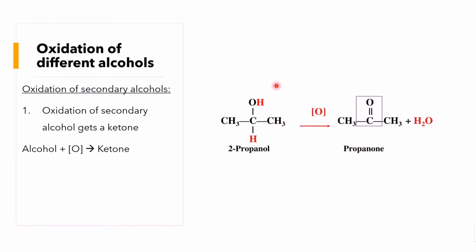And it's also important to note that the hydrogen in our hydroxyl, a hydrogen bonded to the same carbon as our hydroxyl, and an oxygen from our oxidizing agent form a water molecule. You'll see why this is important in a minute.